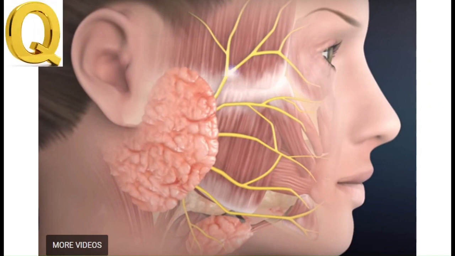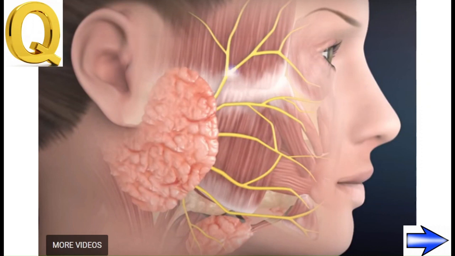Now, in this view, I have to stress the fact that the facial nerve, as it comes out of the stylomastoid foramen as a main stem, gets into the substance of the parotid gland, and within the parotid gland it is going to give its 5 branches supplying muscles of facial expression.